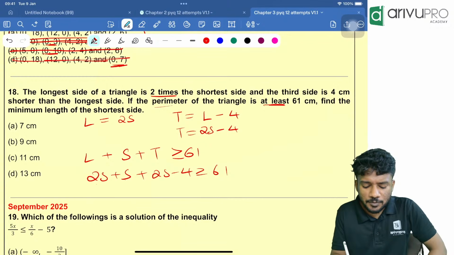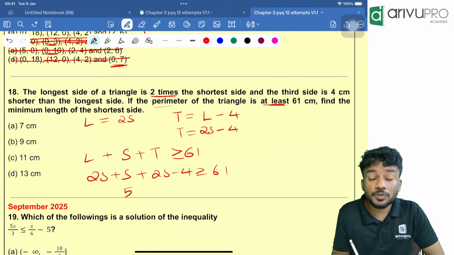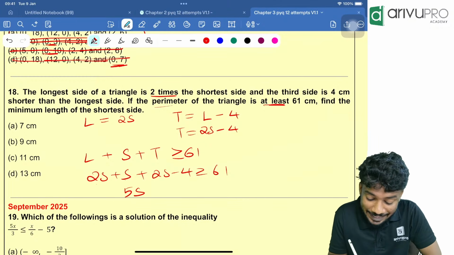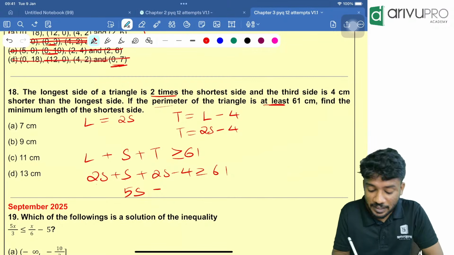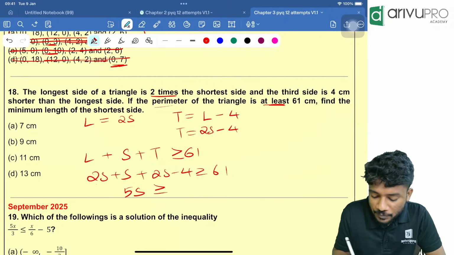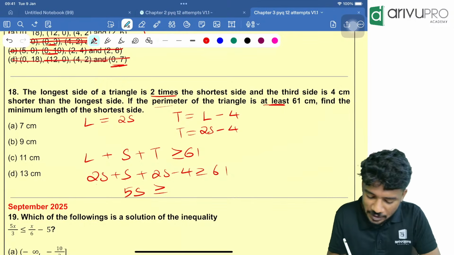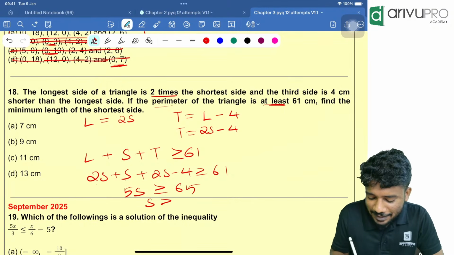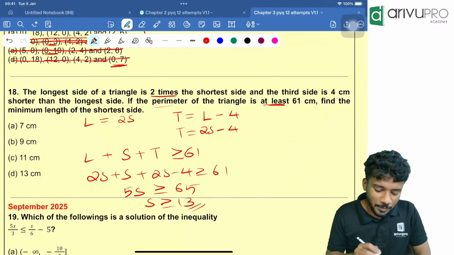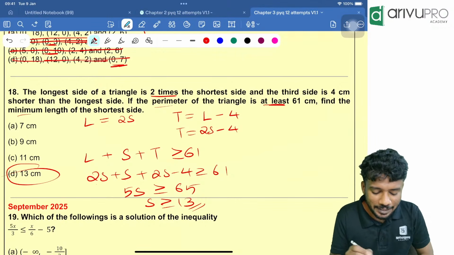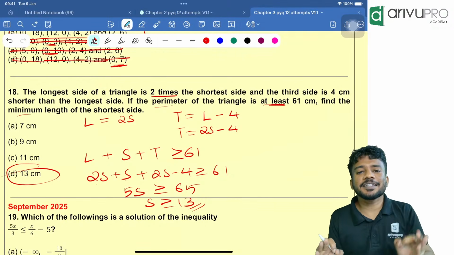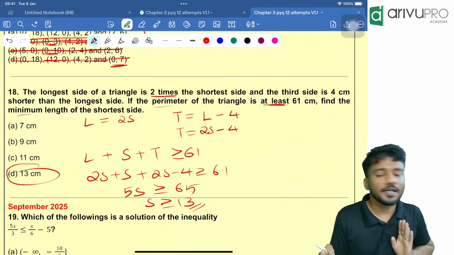Now 2s plus s plus 2s is 5s. Then minus 4 goes to the other side and becomes plus 4. So 4 plus 61 is 65. So s is greater than or equal to 13. So what is the minimum length? The minimum 13 is the shortest length.